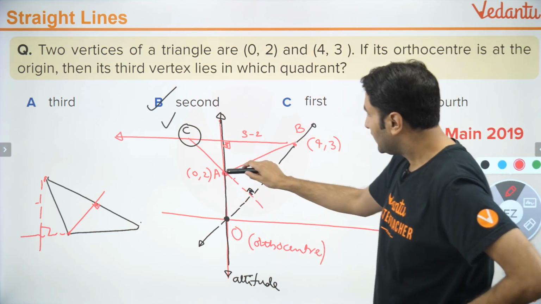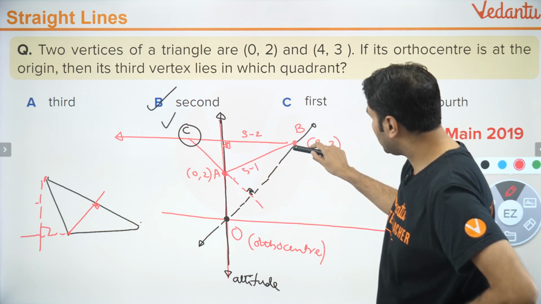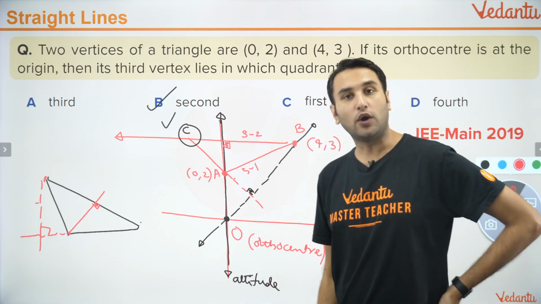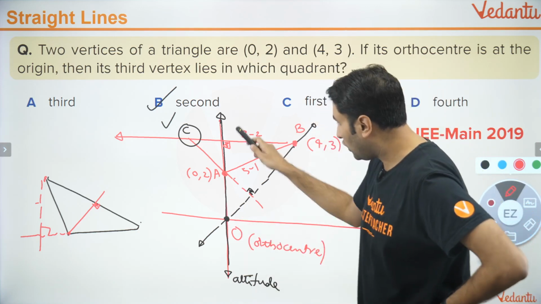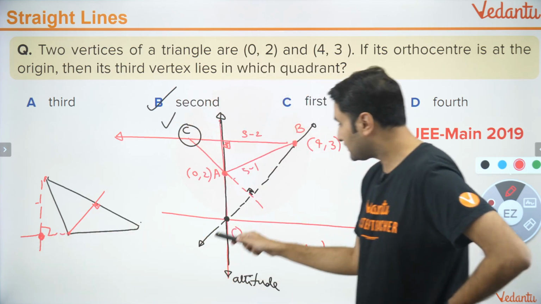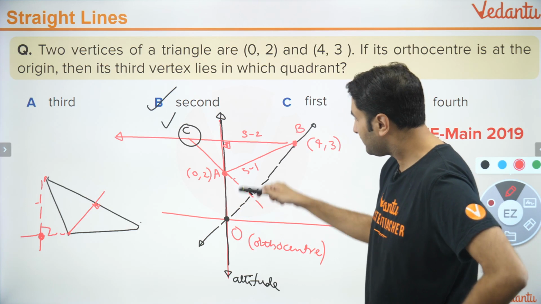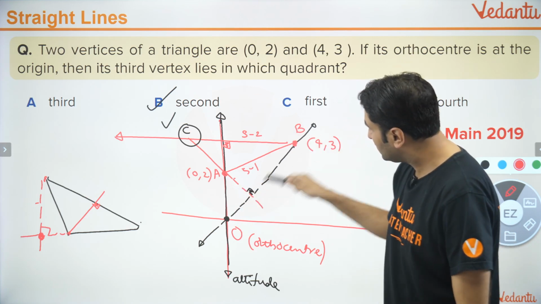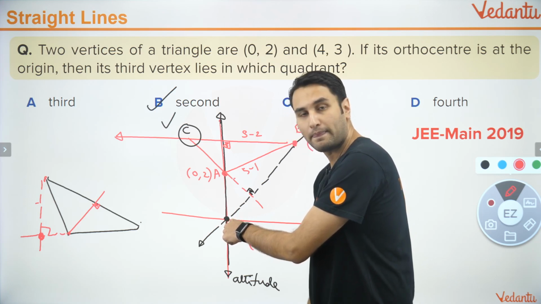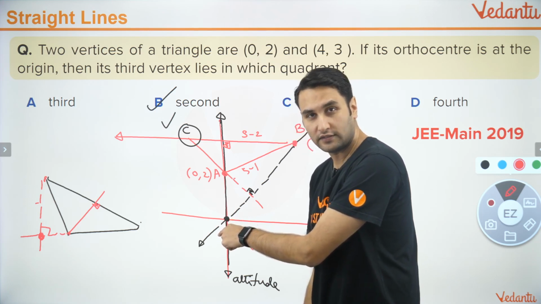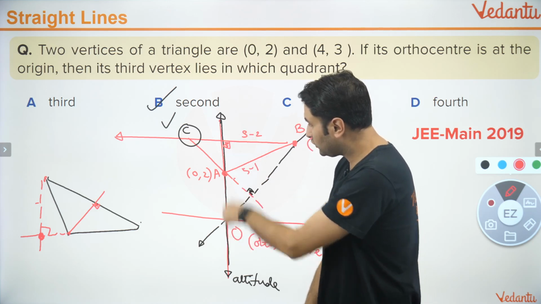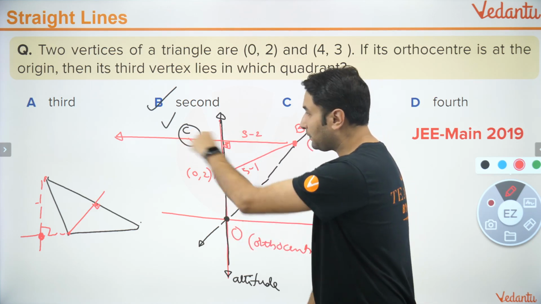फिर से बोलता हूँ. One side given, one vertex given, but the altitude is outside the triangle. The orthocenter is outside. This is the orthocenter, right? The orthocenter is outside the triangle. तो क्या होगा? This is one altitude, this is another altitude, because the origin is the orthocenter, right? तो A से orthocenter को join करो, one altitude, so one side should be perpendicular to it.